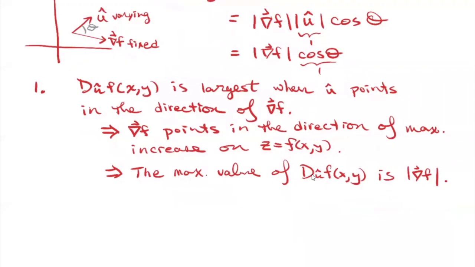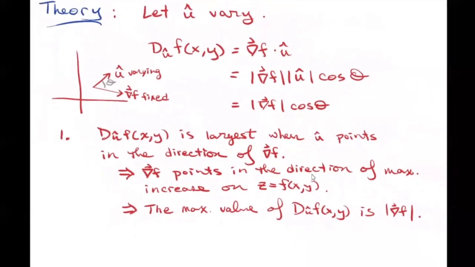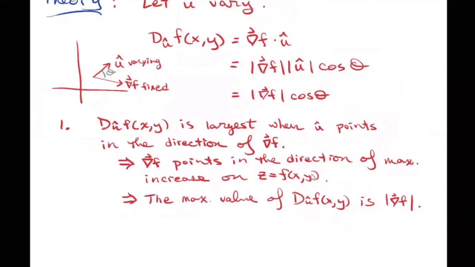Well, great. So how do you find the direction of maximum decrease? What's the angle now? How do we find the smallest value of the directional derivative?